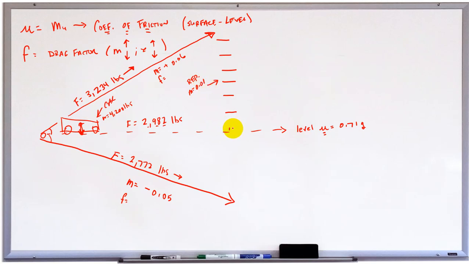I start out at a 0.71 on flat level ground, and then as I move up, I'm at a 0.72, a 0.73, a 0.74, a 0.75, a 0.76, and eventually I climb up 6 rungs of that ladder, and I will have a 0.77 drag factor at a 6% incline.